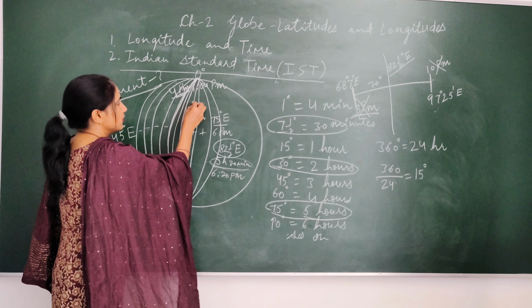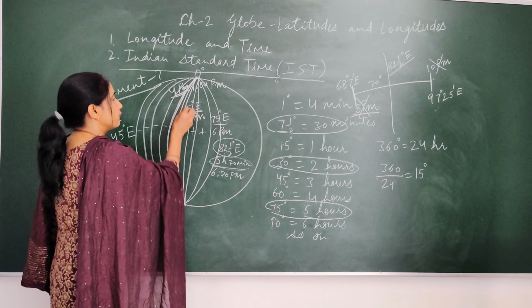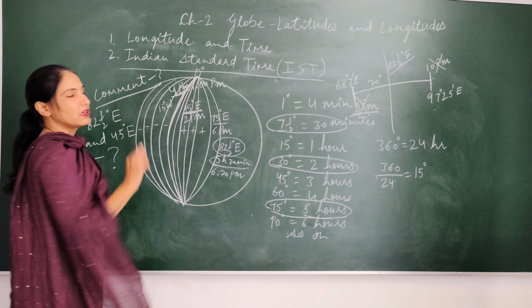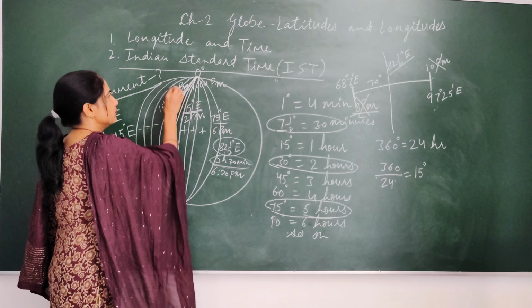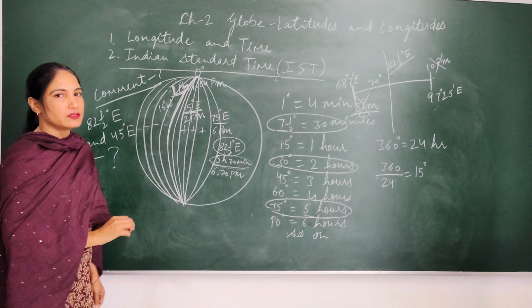It means if at 15 degree east the time is 2 p.m., then at 15 degree west the time will be 1 hour earlier. From 1 p.m. subtract 1 hour, it means 12 noon.